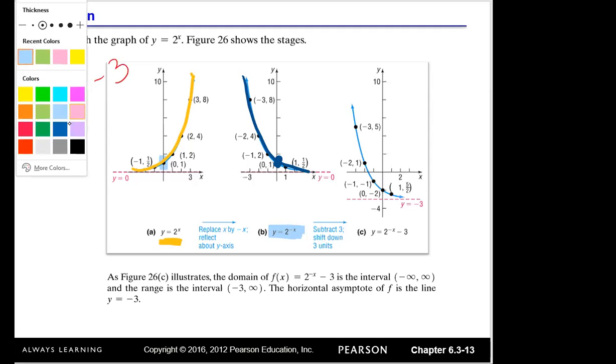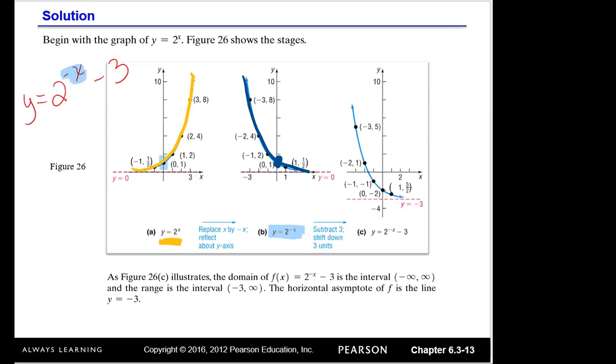And then they want to do the -3. Since it's the entire 2 to the negative x, they do a -3 after that. Remember, if you add or subtract, it goes up or down. And so it's down 3. So they went from here and went down 1, 2, 3, brought me to this point here, and there's the graph now.